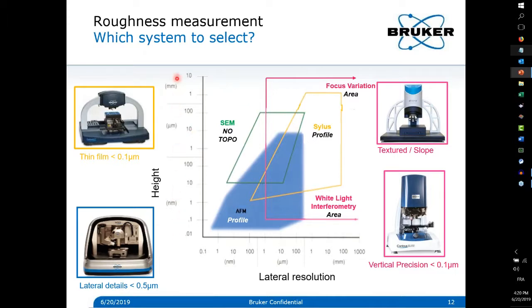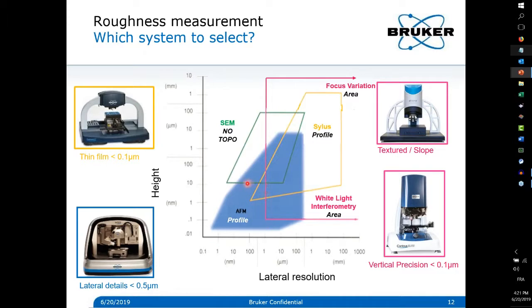We have the vertical height on the y-axis, and the lateral resolution and extension on the x-axis. Both of them are on a logarithmic scale, so we are ranging from 0.1 nanometers to 100 millimeters, and from below 0.01 nanometer all the way to 10 millimeters.